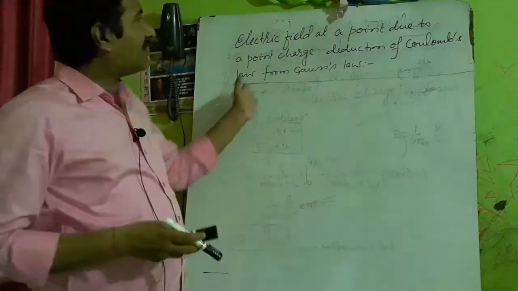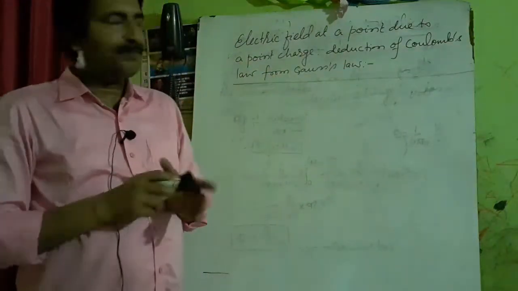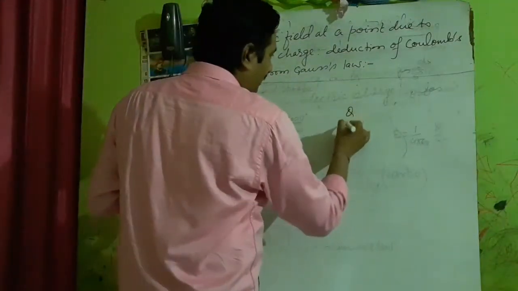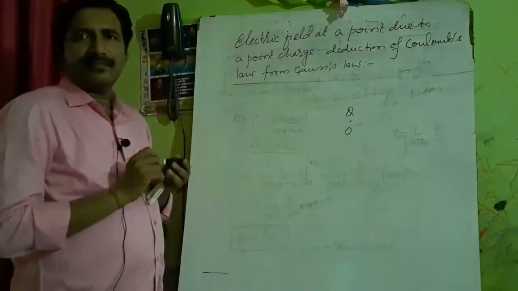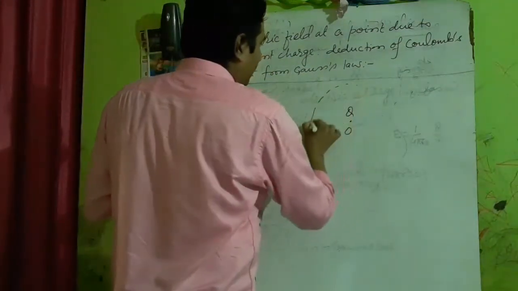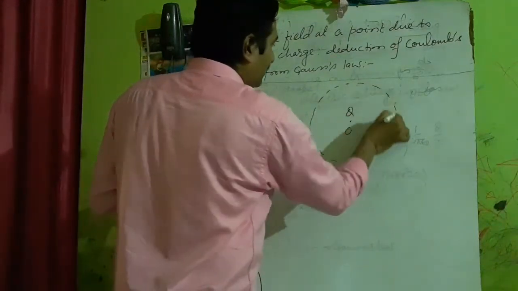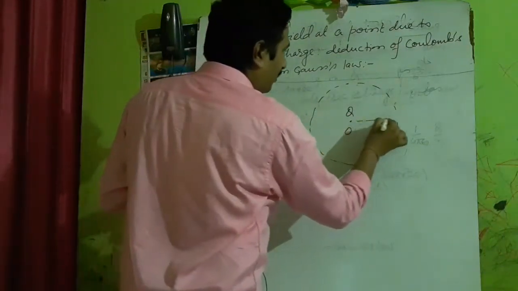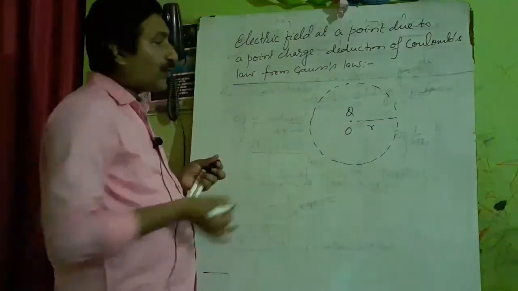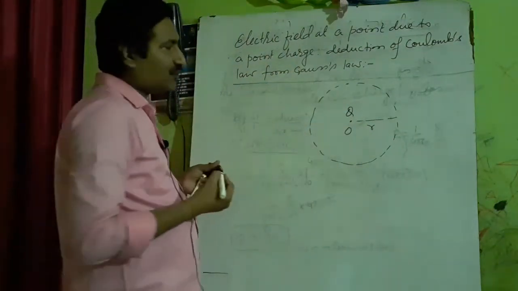Now we will derive Coulomb's law by using Gauss law. So let us consider a point charge q at a point O. Again let us consider a sphere of radius r with its center at O, where the point charge q is placed.